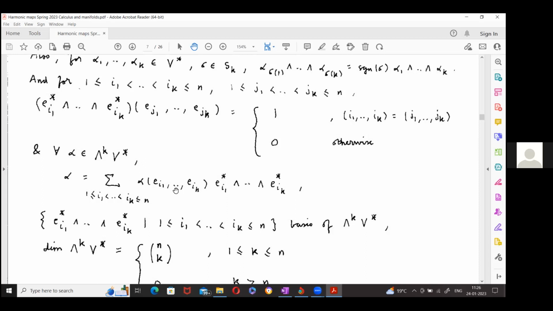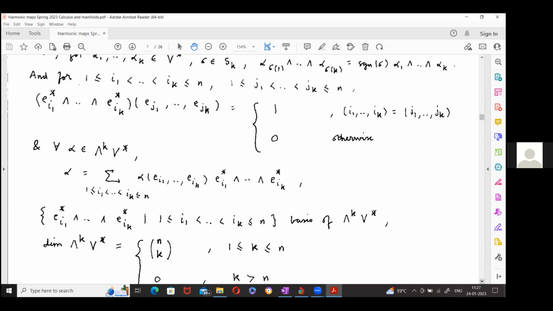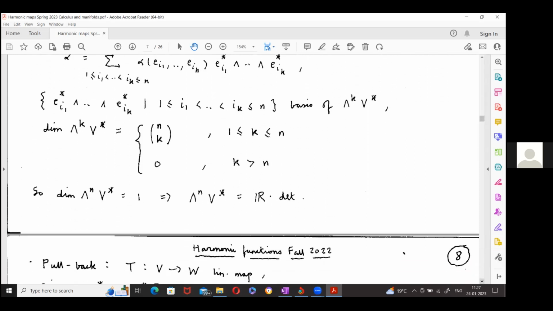And from this, you can see that these Ei1 star wedge Eik star form a basis of wedge k V star. So what will the dimension of wedge k V star be? We just have to choose k indices out of n.